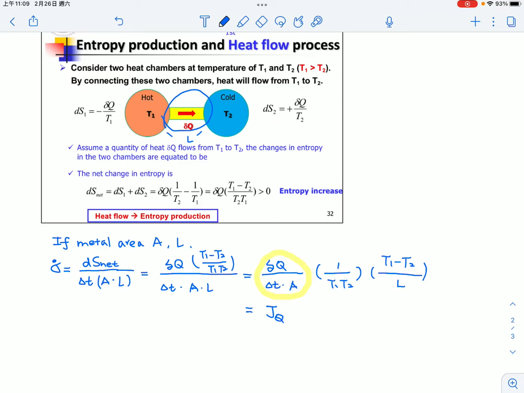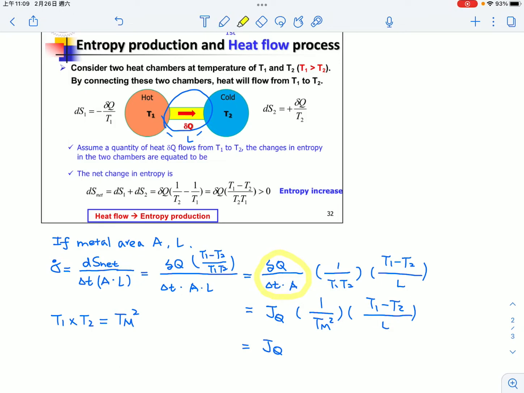For example, if the question tells you that T1 times T2 equals Tm squared, that just implies there's no big difference between T1 and T2. Okay, so we can put the Tm squared here and T1 minus T2.